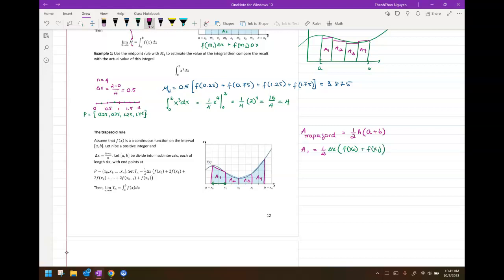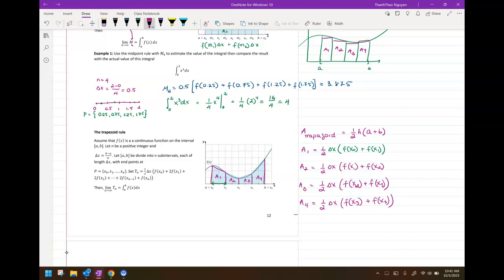The area 2 equals 1/2 delta x times f of x1 plus f of x2. The area 3 equals 1/2 delta x times f of x2 plus f of x3. Area 4 equals 1/2 delta x times f of x3 plus f of x4.